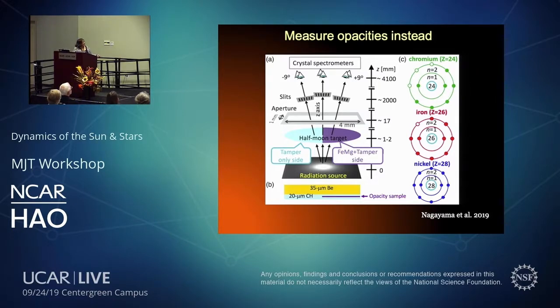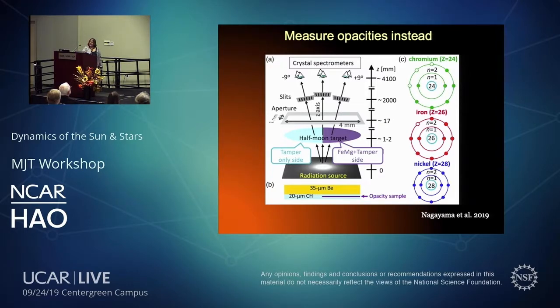They looked at nickel, which has no vacancies in the L shell, and chromium, which has 3 vacancies in the L shell. And they expected they would get the highest discrepancy between theory and observation for chromium, the next highest for iron, and the next highest for nickel, if their hypotheses about why theory is going wrong are correct.